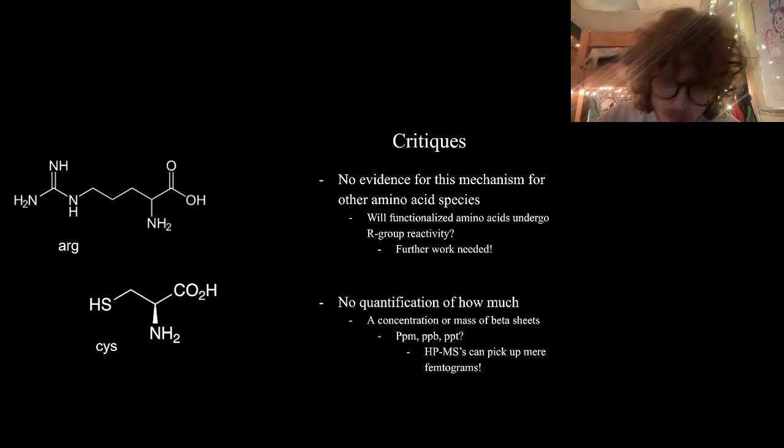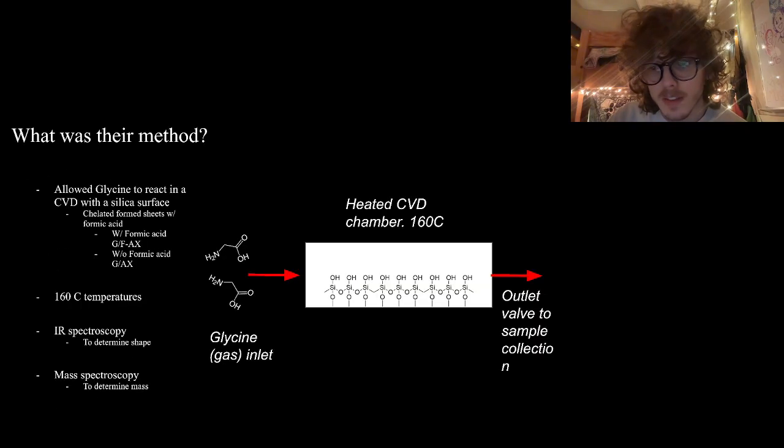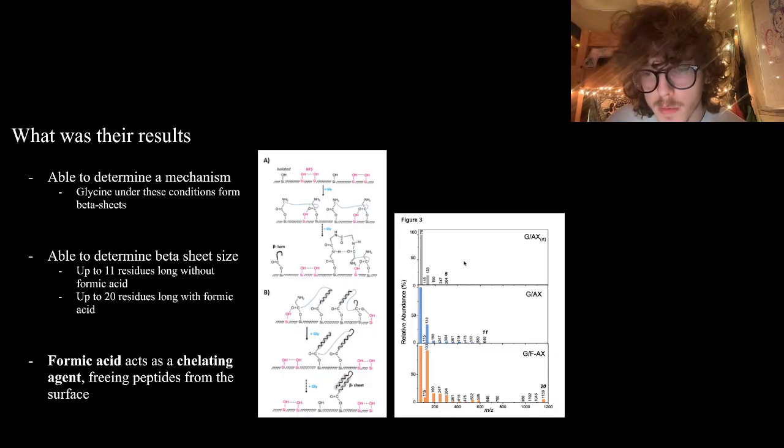But another more niche kind of critique is I want to know how much, right? Quantification is pretty important here. If we go back to this table here, I want to know specifically how much of the 20 mer we're making, or the 11 mer we're making, or that kind of stuff, right? How much of each oligomer are we getting?